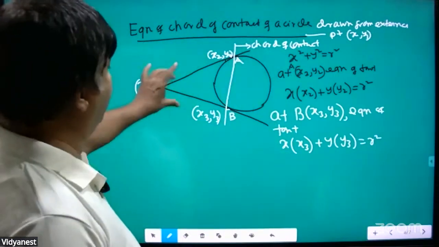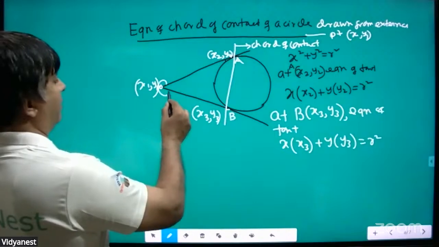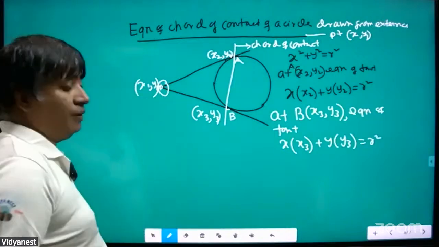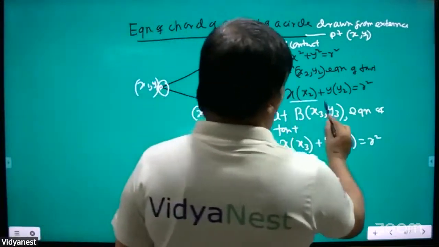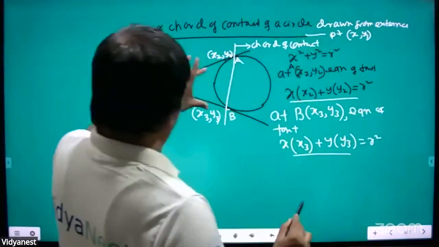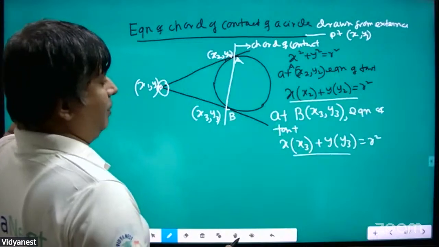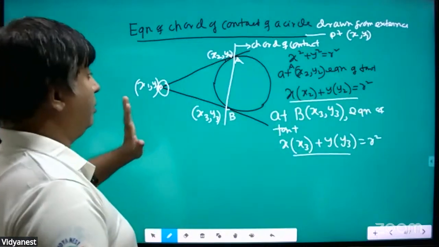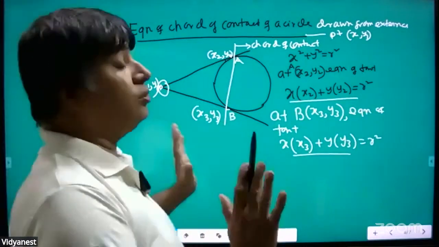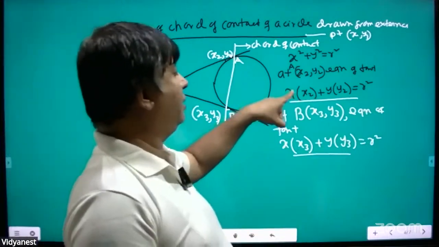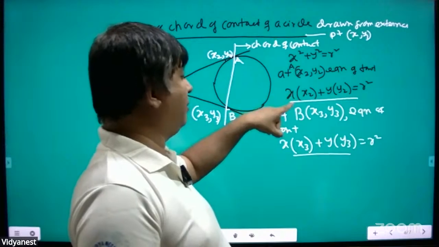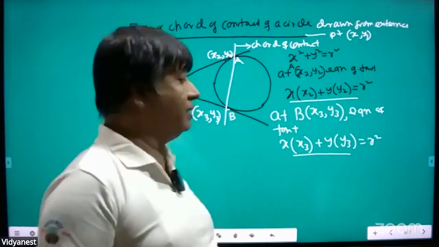So both the tangents meet where? Externally at x1 y1. Yes or no? Yes, sir. These two tangents meet at the point x1 y1 outside the circle. So what conclusion can I draw? That x1 y1 will satisfy this equation as well as this equation.